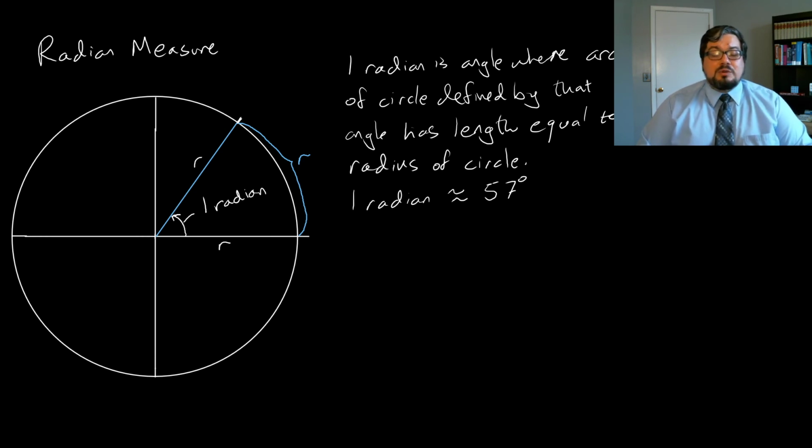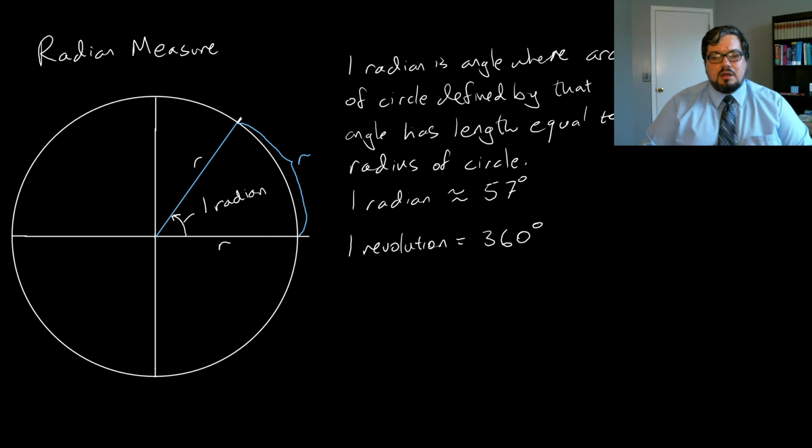And in order to get the conversion, we're going to think about how many radians it takes to fulfill 1 revolution of the circle, to go all the way around the circle once? So we know that 1 revolution around the circle is 360 degrees. Now let's see how many radians it will take to do that.